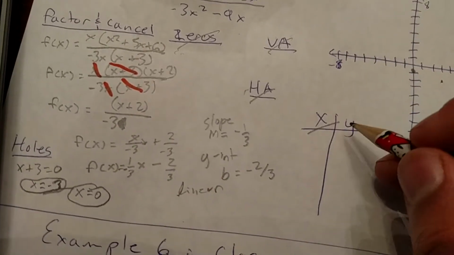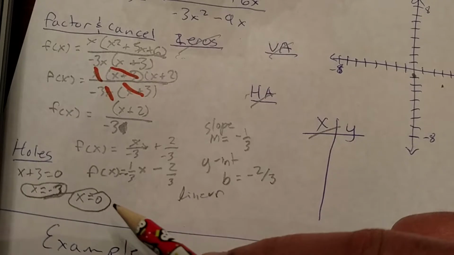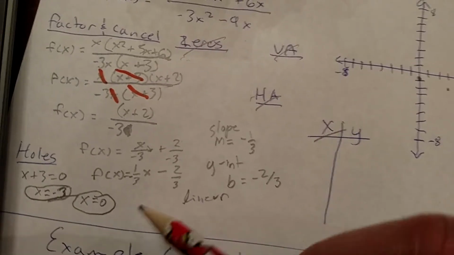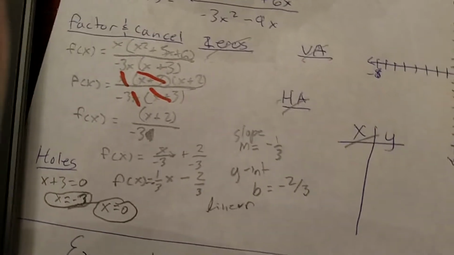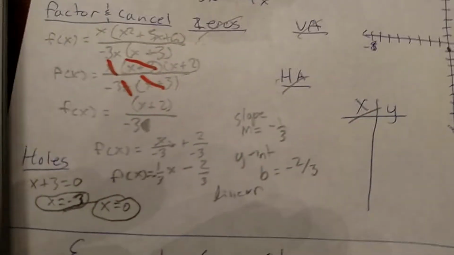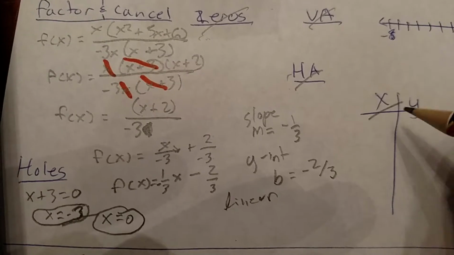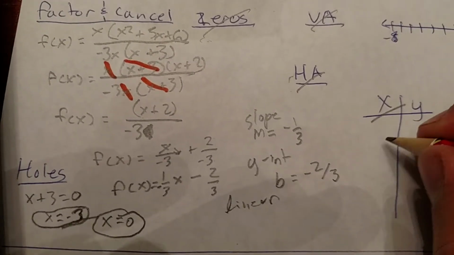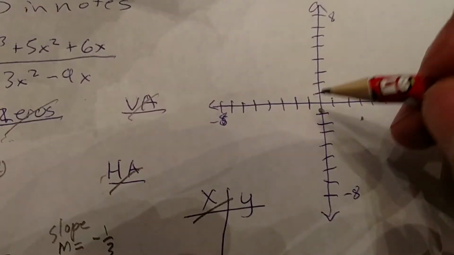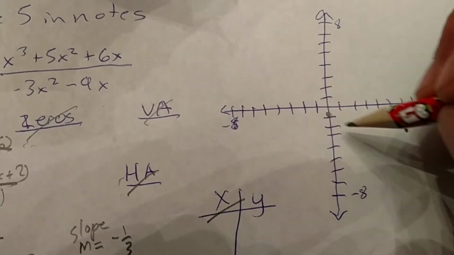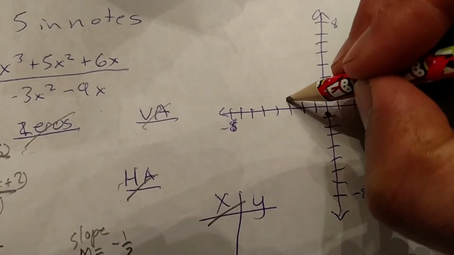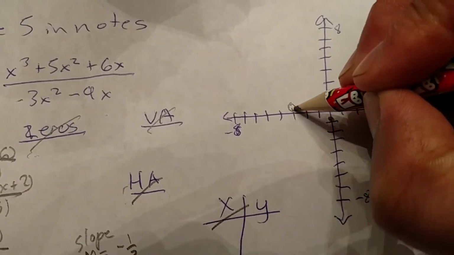So basically we need to find our holes. We don't necessarily have to plug in, we know there's a hole at -3, but let's go ahead and do it though. Normally I plug my holes in the table, and that'll help us better locate my holes. Like I know there's a hole at -3, so this line is going to continue, and the hole's probably going to end up being right about there.